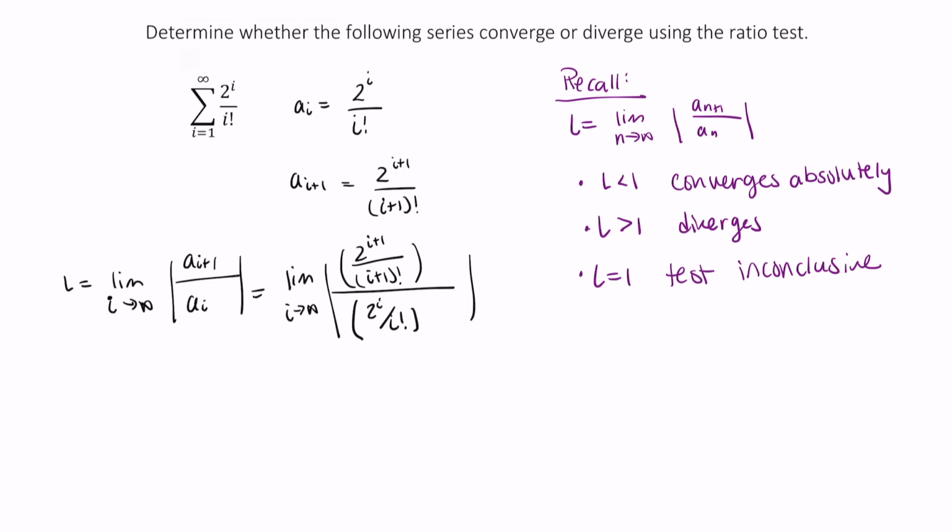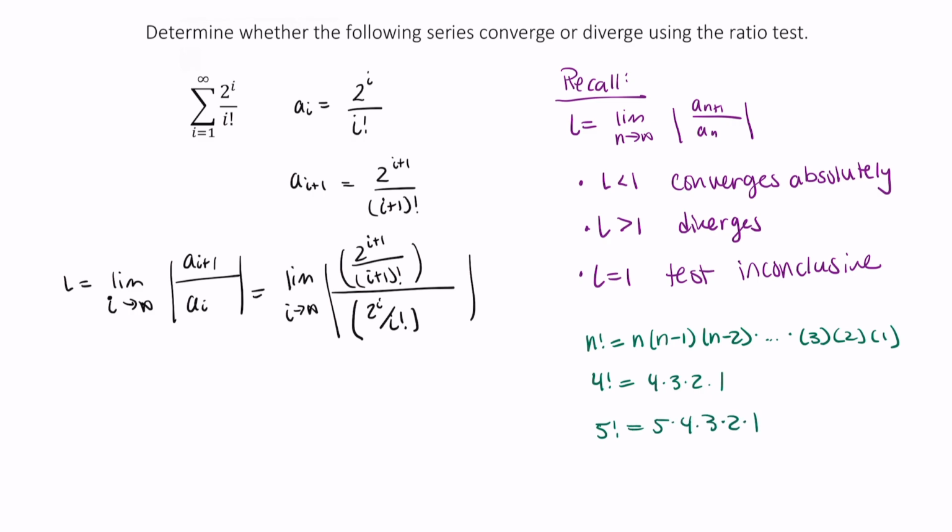And now recall that with factorials, you multiply the integer n times 1 less, times 2 less, and so on. You keep on multiplying until you get to the number 1. So of course 4 factorial is 4 times 3 times 2 times 1. 5 factorial is 5 times 4 times 3 times 2 times 1.